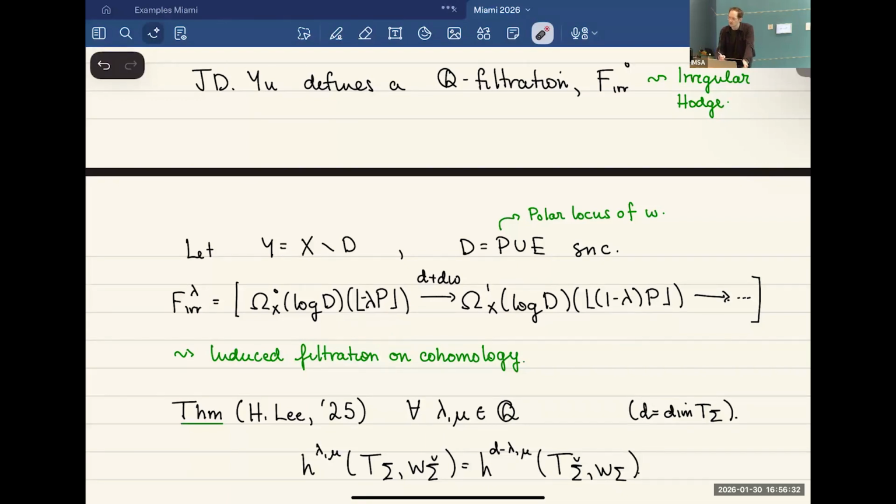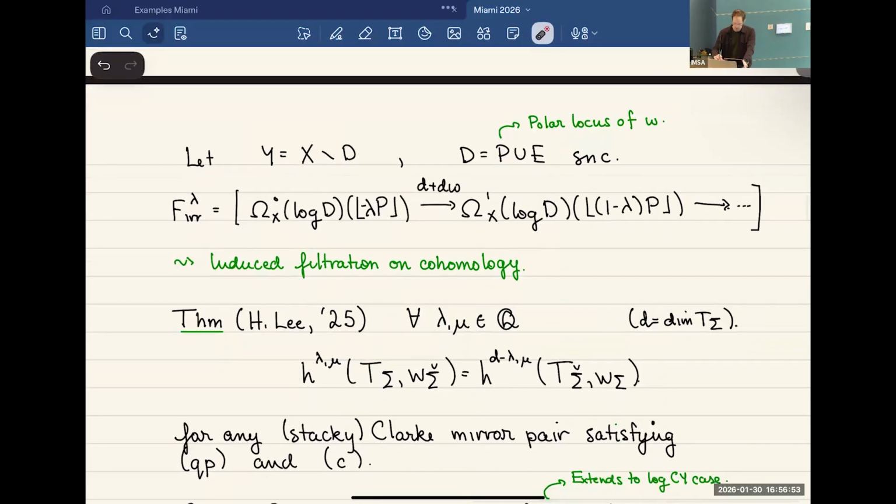It's not entirely obvious just from the definition, but this does in fact give you a rationally graded filtration on twisted cohomology. Okay, so the theorem, yes?